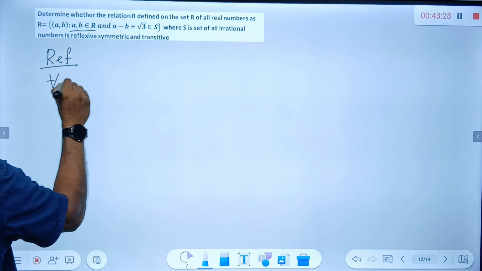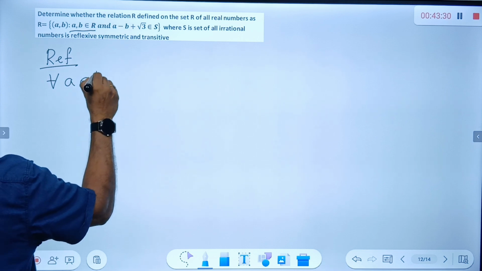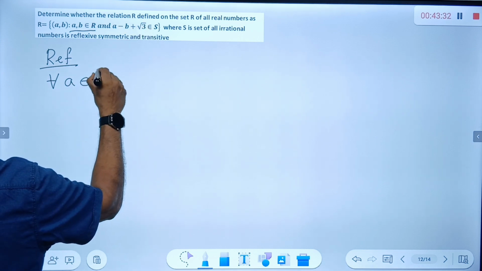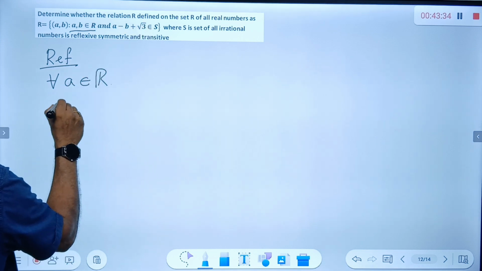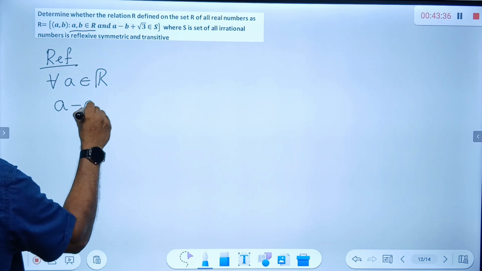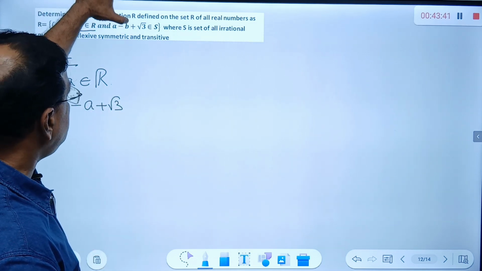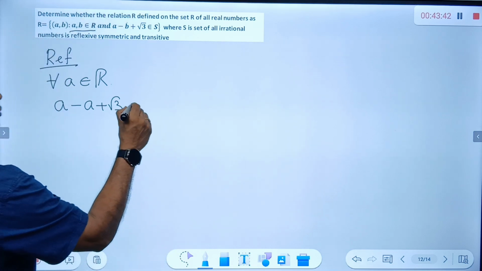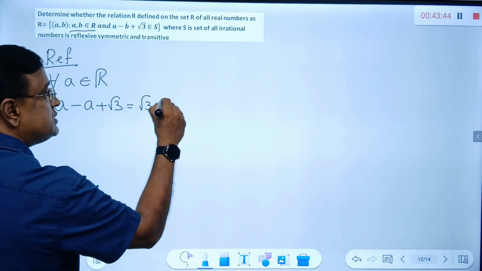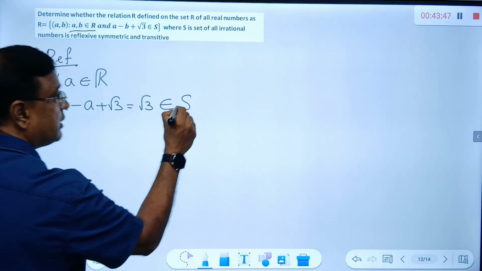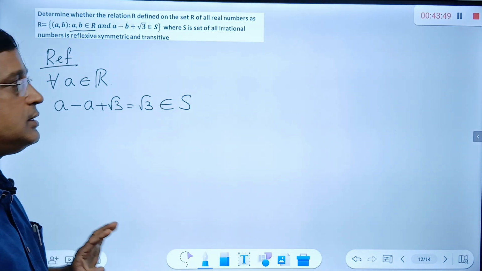For every a belongs to set R, the set of all real numbers, you know a minus a plus root 3, which is root 3, which is definitely irrational, correct? Root 3 is irrational.